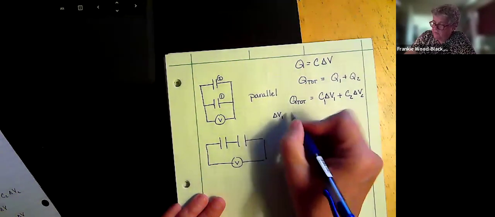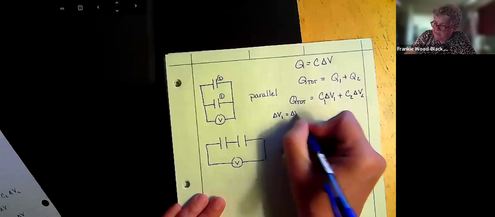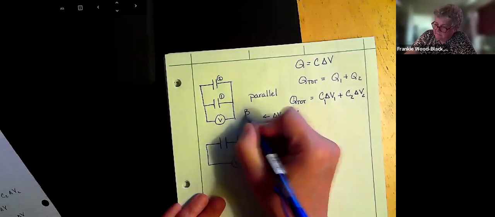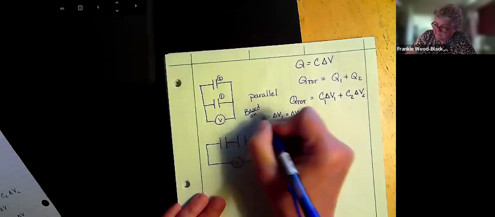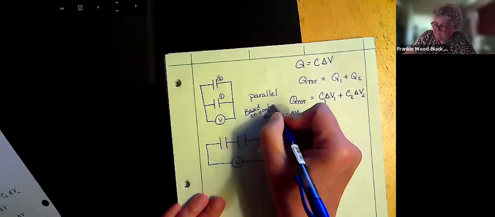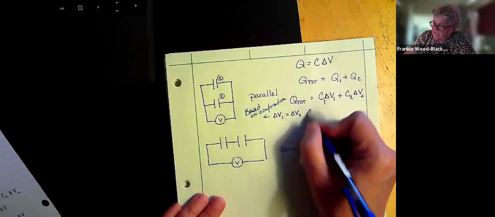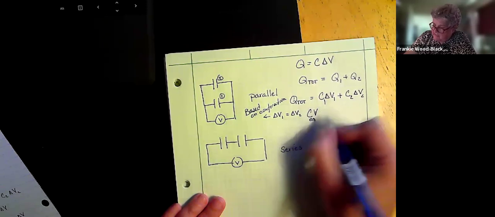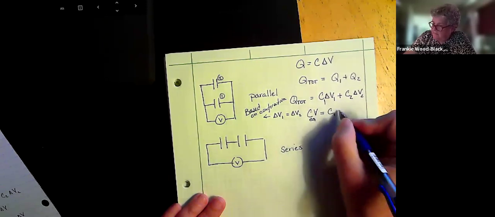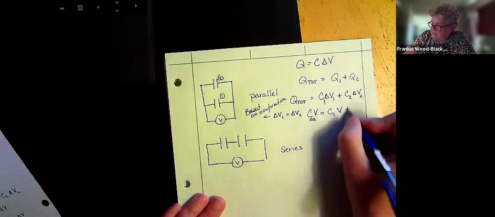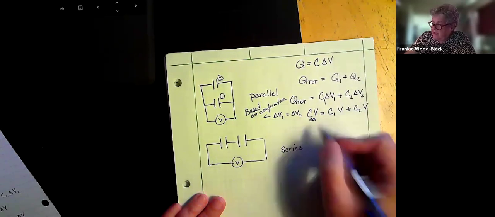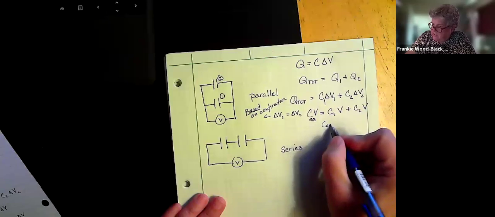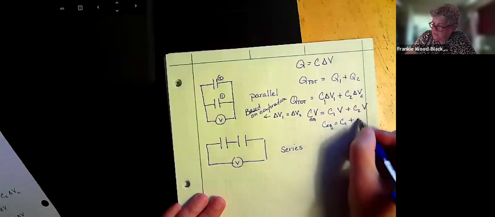But look at my configuration here, and my change in voltage is going to be this configuration. So now I get C times V. The equivalent capacitance is equal to C1 V, C2 V. And so my equivalent capacitance is just going to equal C1 plus C2.